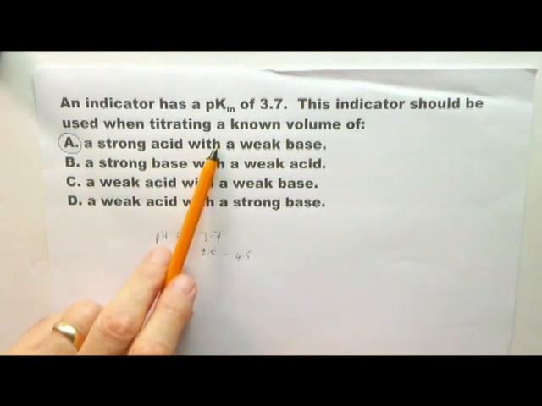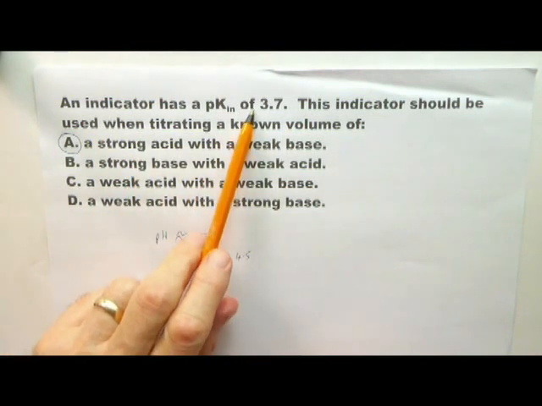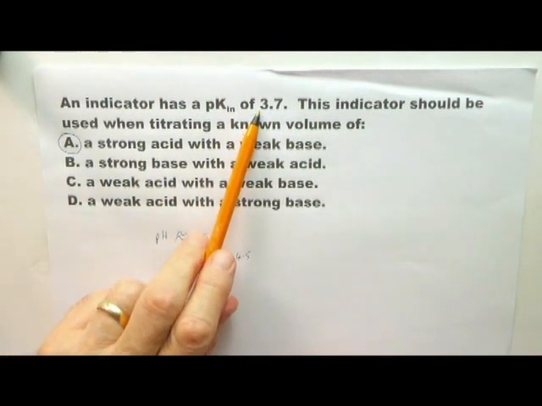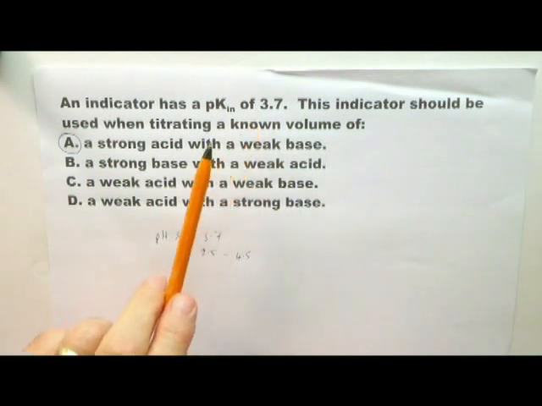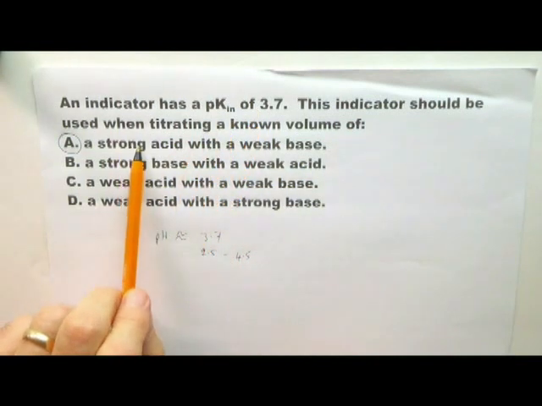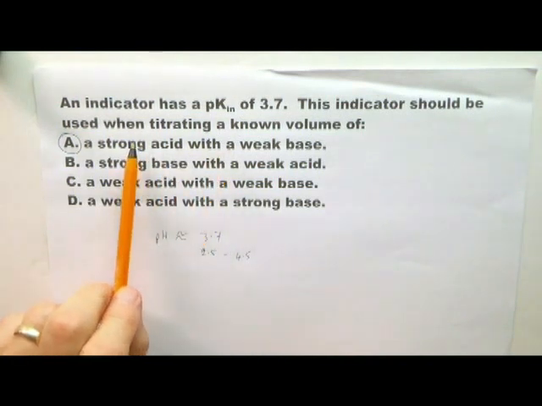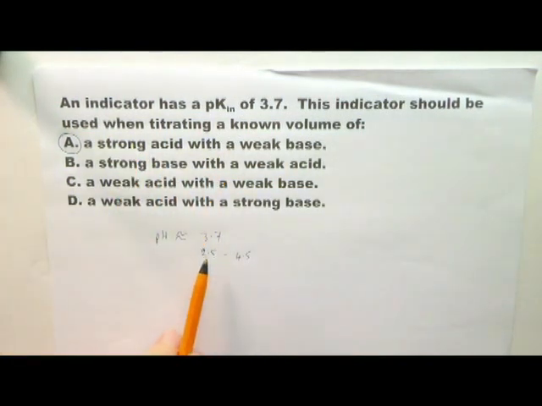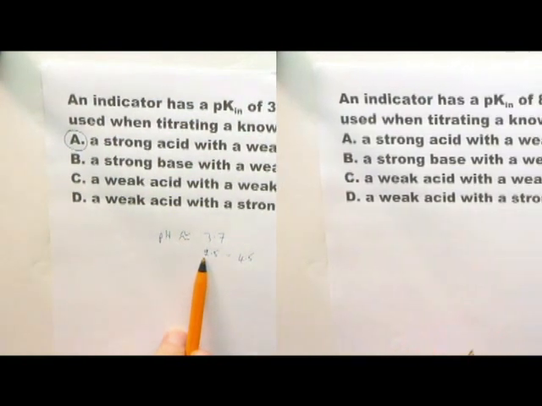So if the pKin is low, below 7, then immediately go to a strong acid and a weak base. And that would give you a pH range for the colour change in the same area, below 7.